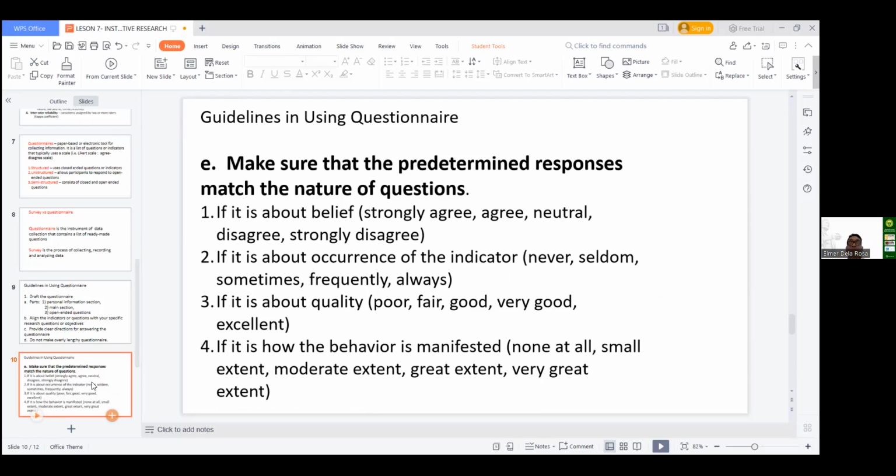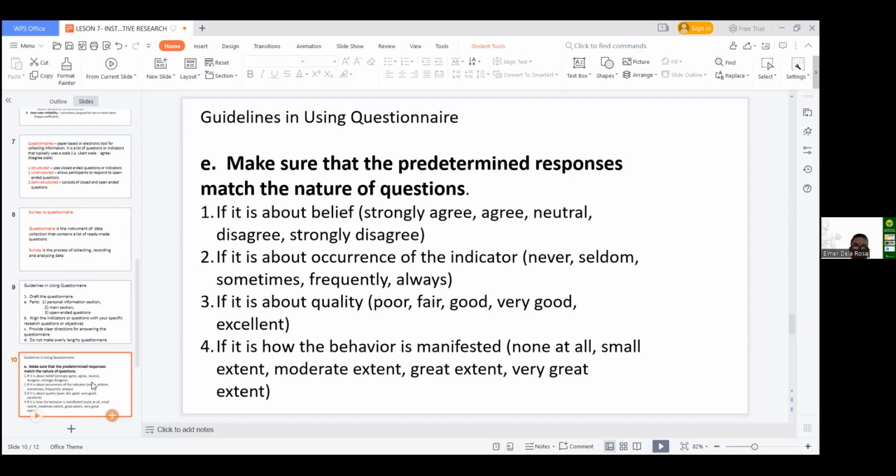Yung iba naman, instead na 1, 2, 3, 4, 5, 1 at saka 5 lang. 1, 2, 3, 4, 5, ang mayroon lang meaning yung 1, strongly agree, at yung 5 ay strongly disagree. So skill development is another issue here. Pero everything that about belief, dapat ito ang choices. Strongly agree to strongly disagree.